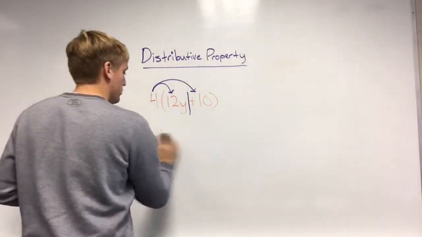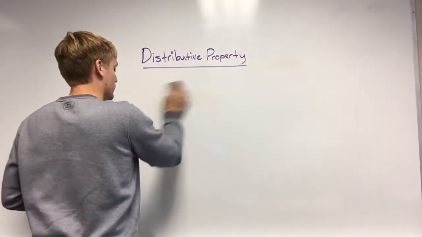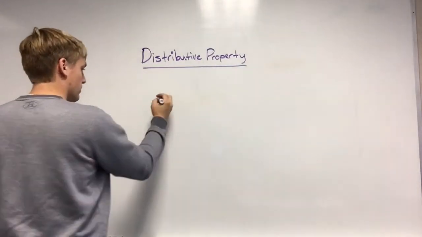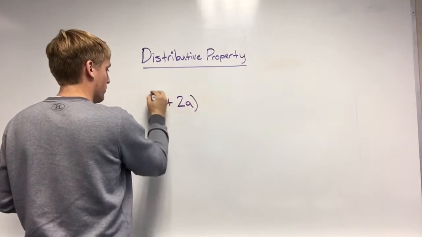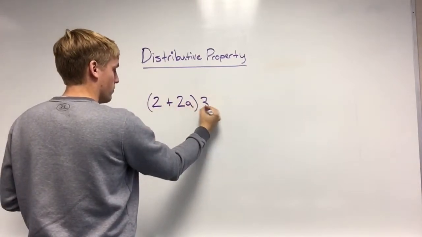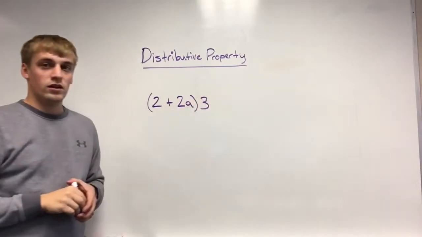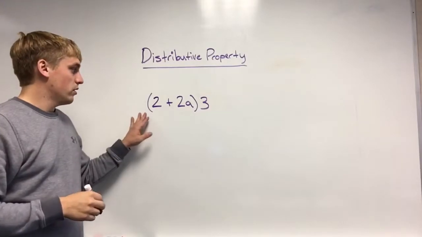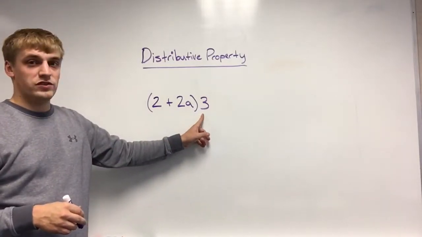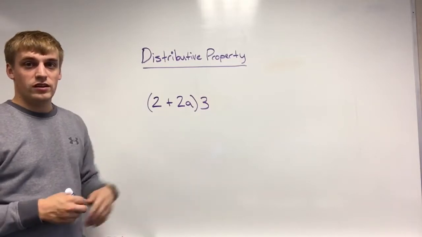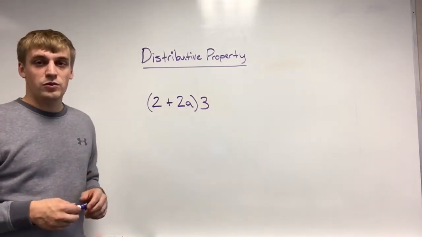Okay, let's do another one. Now, this is the same thing, except the 3 is on the outside of the parentheses on the right side. You're going to see this on Khan Academy once in a while.